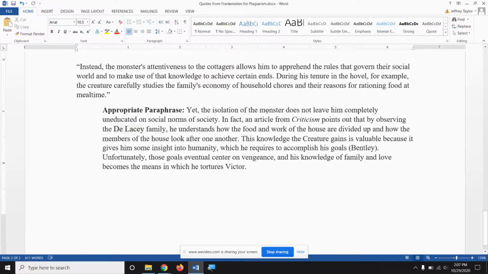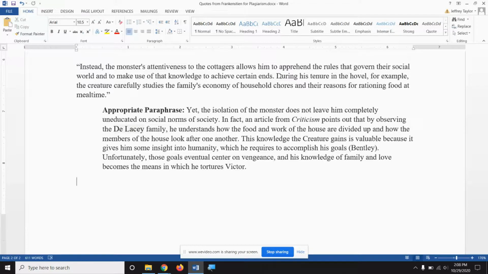Now, if we were going to do a bad job with this paraphrase, one of the ways that we'll see this pretty often is where almost just synonyms are put in. So instead of what it reads here, we'll have something like, during his time in the house, for example, the creature carefully watches the family's chores and their reasons for dividing food at dinner time.